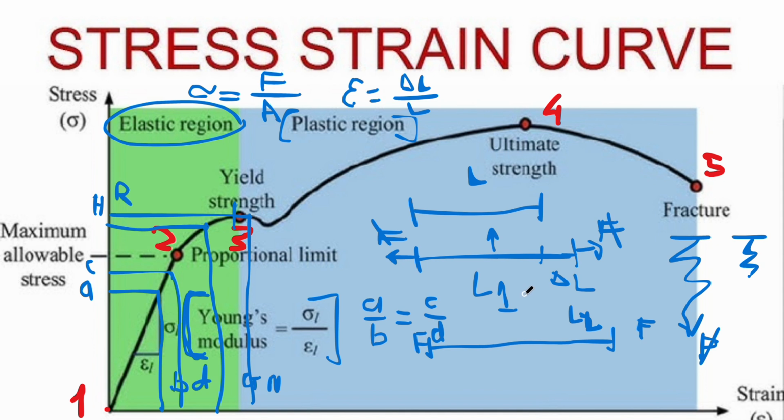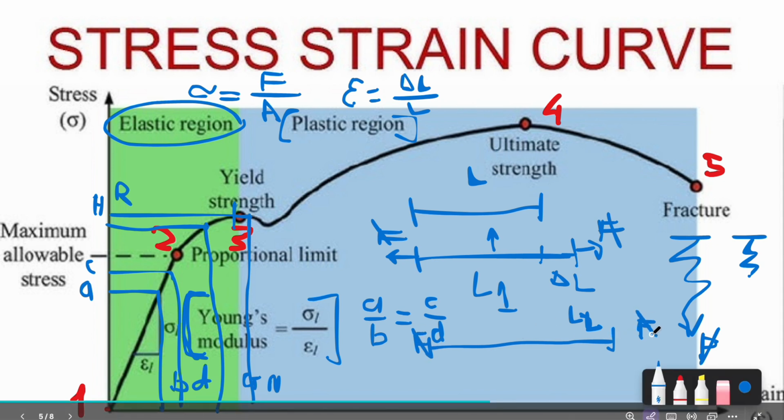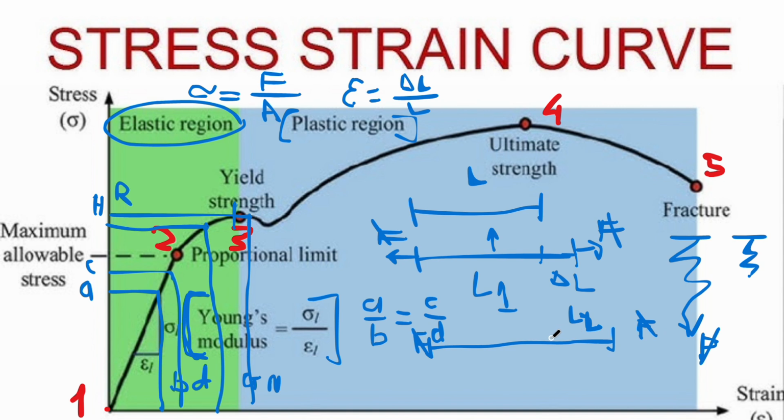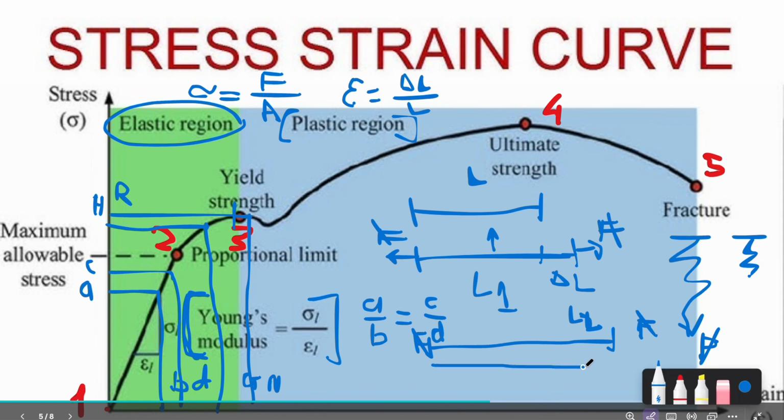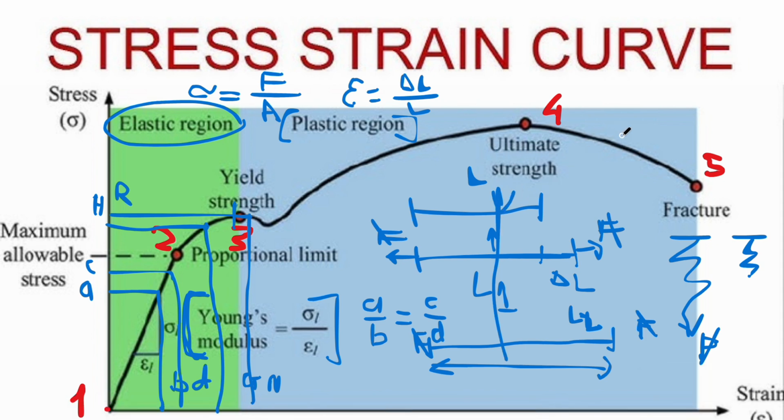In this condition, the stick does not come back. When I remove the force on both sides, it just stays at this length and does not return to the original length. This is the plastic region.